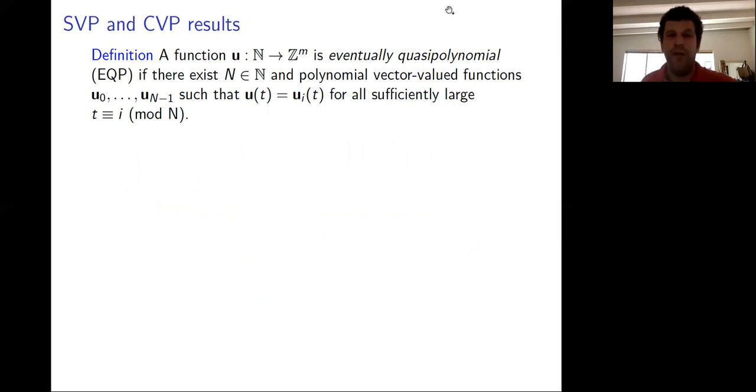I wrote the definition for vector-valued functions, but basically an eventual quasi-polynomial is a function that, for sufficiently large t, begins to oscillate between a finite list of polynomials. If we didn't have the eventual, a quasi-polynomial would just be alternating between n polynomials. And here I'm talking about a vector function, so each component is an eventual quasi-polynomial.